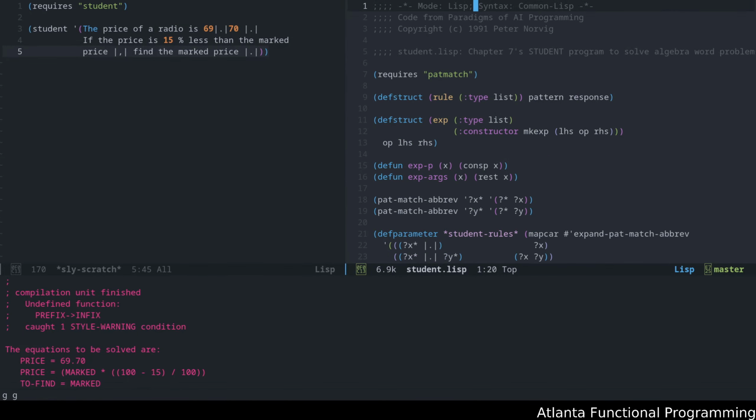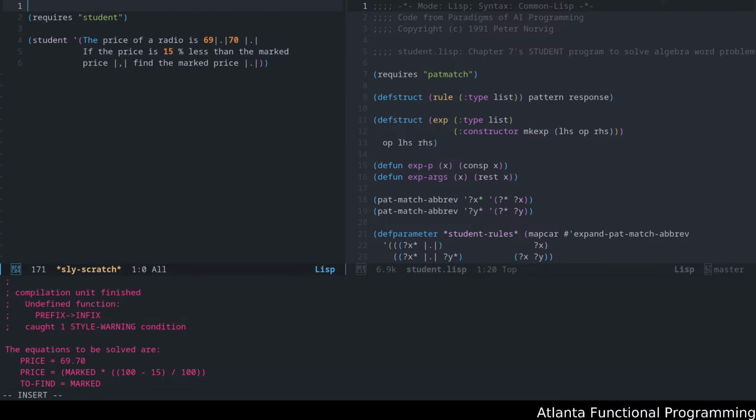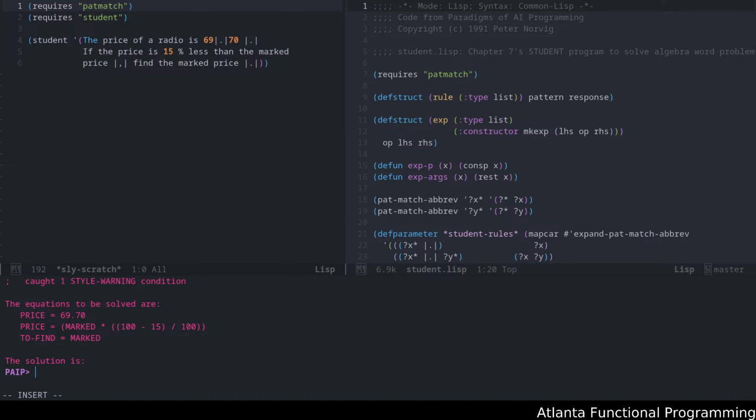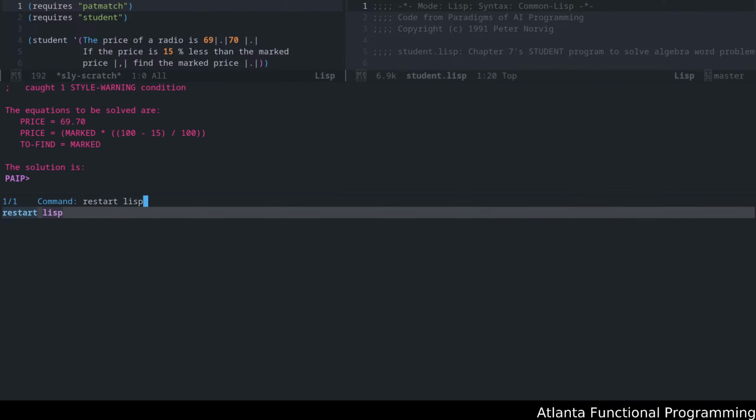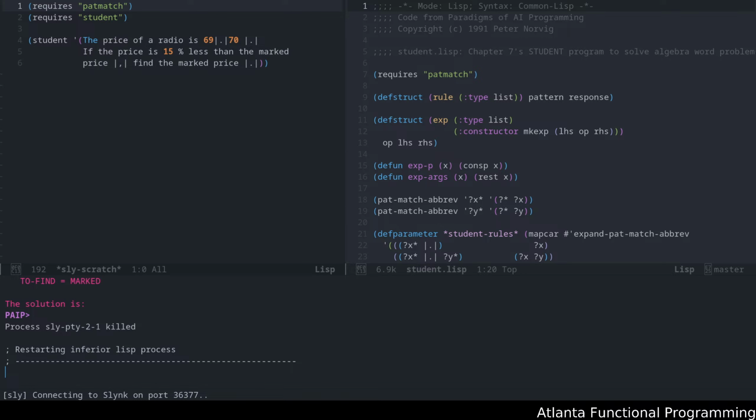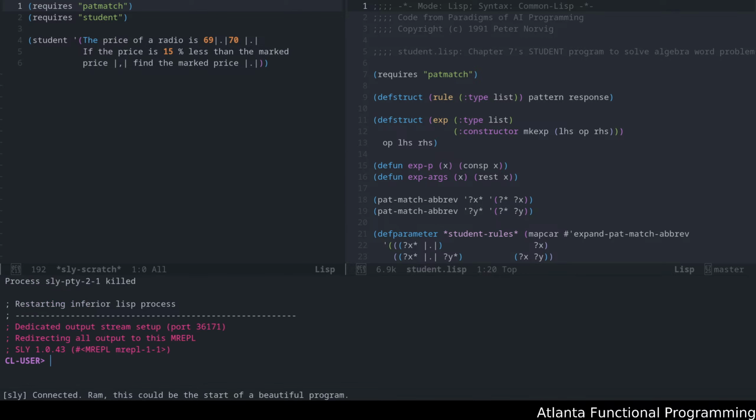So what I need to do is require path match to force it to actually... Hold on, I'm going to reload my Lisp just so that these unknowns can go away.